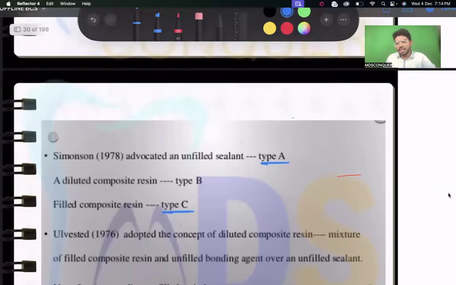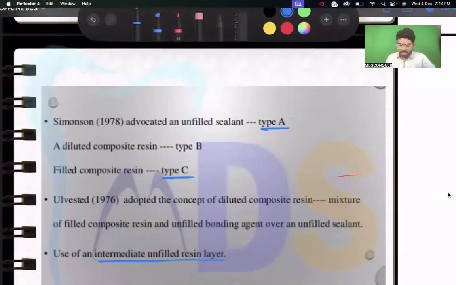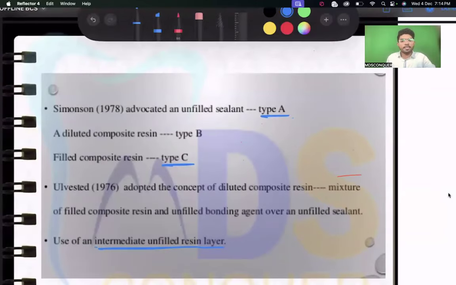A diagram based question was asked in the 2023 examination. Similarly, Simonsen has divided the sealants used for filling these into type A, type B and type C. Type A is unfilled sealant, which is going to have more flow properties. Type B is diluted, a combination of unfilled and filled.